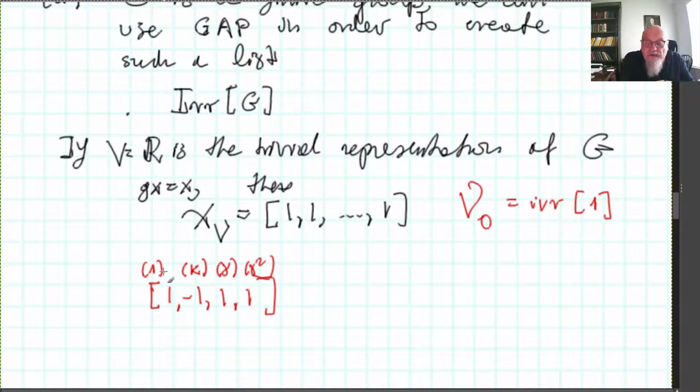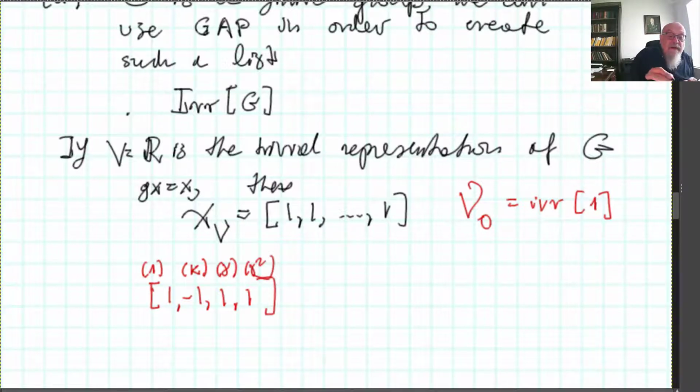So what possibly is this representation? What kind of action is it on R? Kappa is a rotation. So rotation acts by multiplication by minus 1, and gamma squared simply acts as identity.